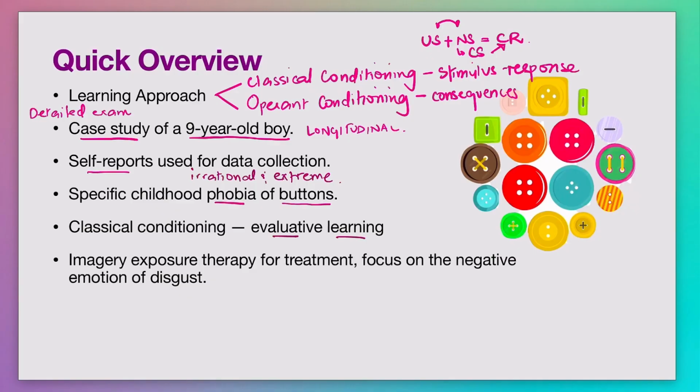Now, evaluative learning is one way to look at classical conditioning, because when we talk about evaluating something, it's essentially when we are assessing something. So, the evaluative learning perspective in classical conditioning states that when we are associating between the neutral stimulus and the unconditioned stimulus, we evaluate that neutral stimulus.